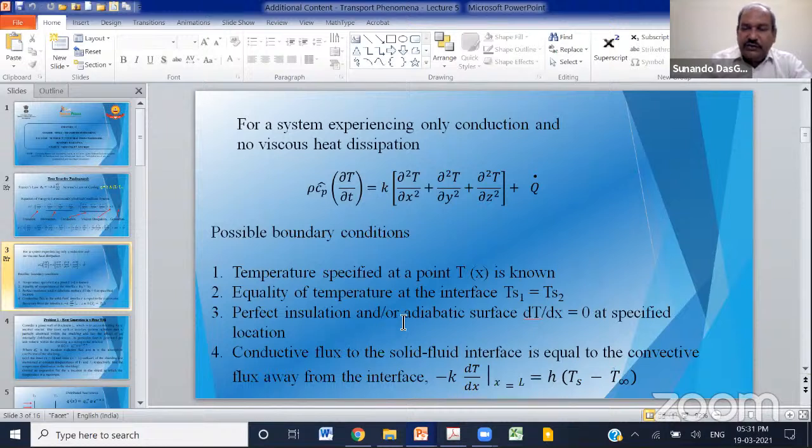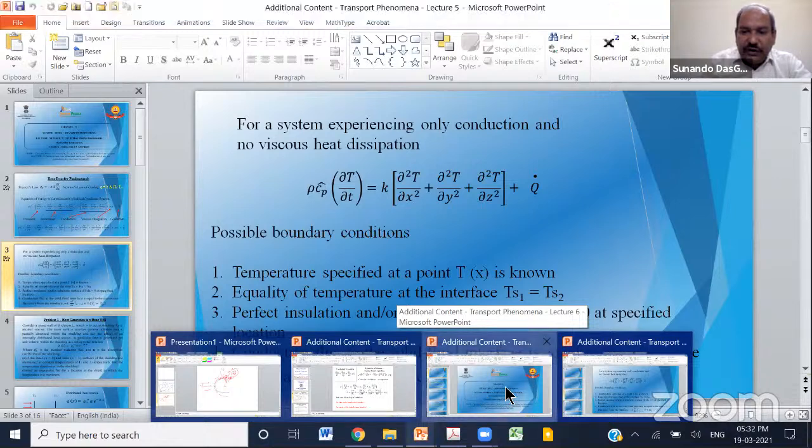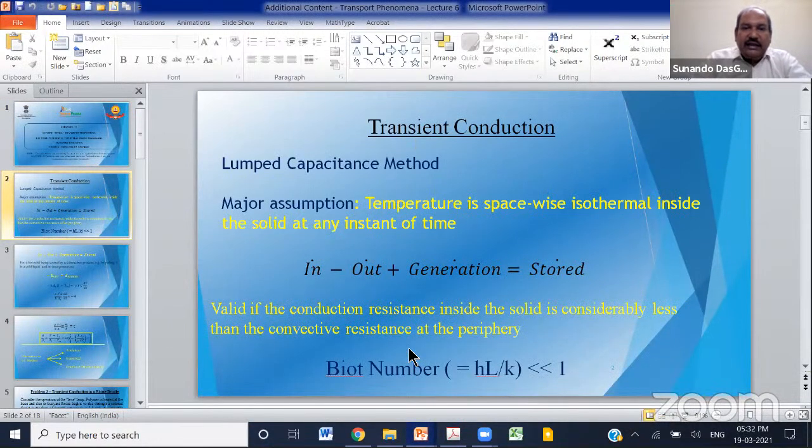You can have perfect insulation or an adiabatic surface condition, and this one is very important, the mixed boundary condition, where the conductive heat flow up to the interface must be equal to the convective heat flow away from the surface. So the equality of conduction and convection is another important boundary condition which is used. But your question was more about the case of transient conduction, and let's come to that.